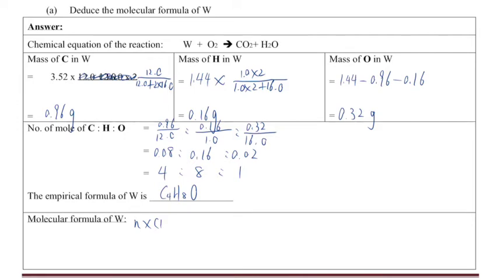So that would be n times (12 multiplied by 4 plus 1 multiplied by 8 plus 16) equals 72. If we solve that equation, we work out that n actually equals 1. So the molecular formula is actually C4H8O.